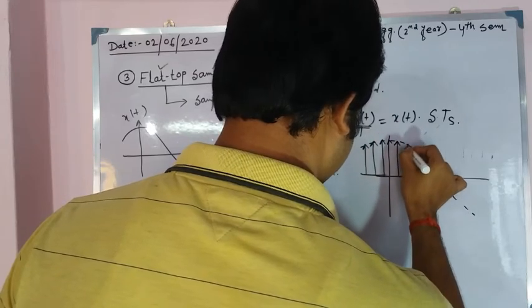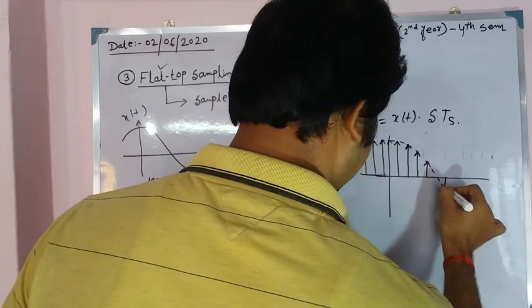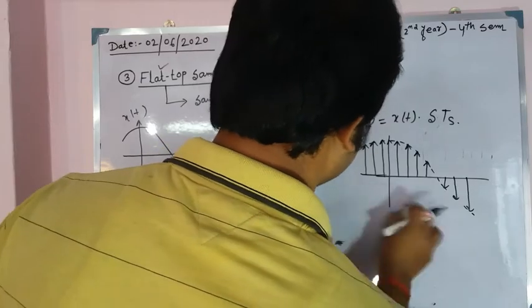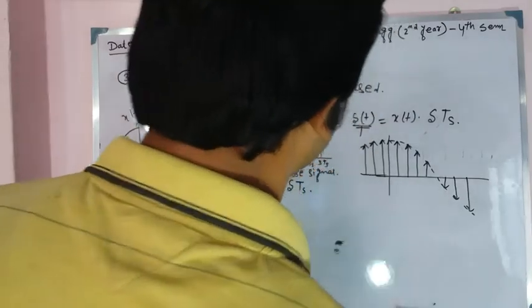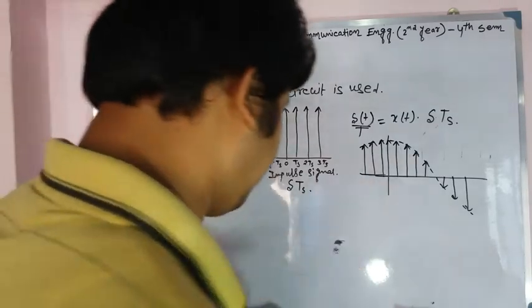This is the s(t), which is the multiplication of x(t) and delta Ts. This is called s(t), which is the instantaneous sampling technique.